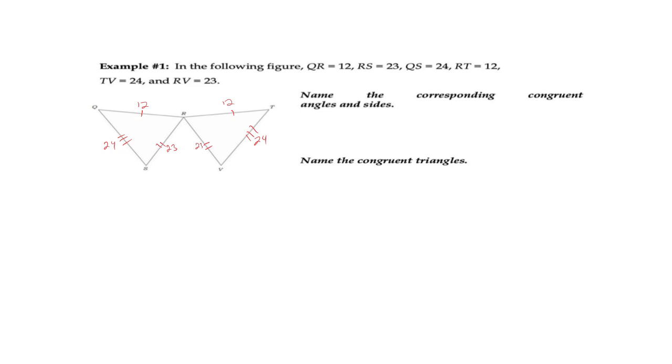Okay. So, all right. Now we can also mark, since we know these triangles are congruent, triangle QRS is congruent to triangle TRV.